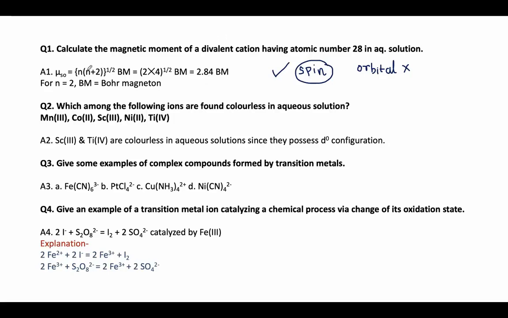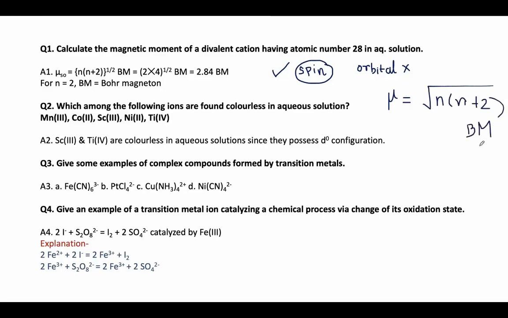Now here is the formula to calculate the magnetic moment of a transition metal cation. We have this mu. Mu stands for the magnetic moment, and the suffix SO stands for the spin only magnetic moment. So mu SO is calculated as root over n into n plus 2 Bohr magneton.